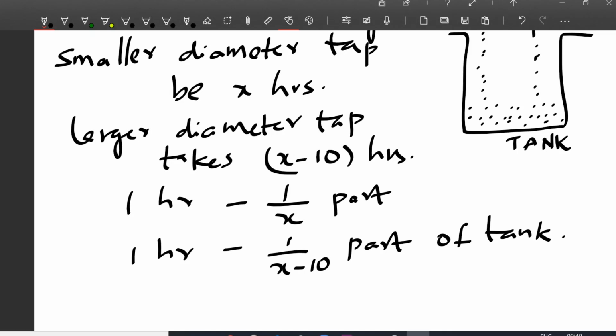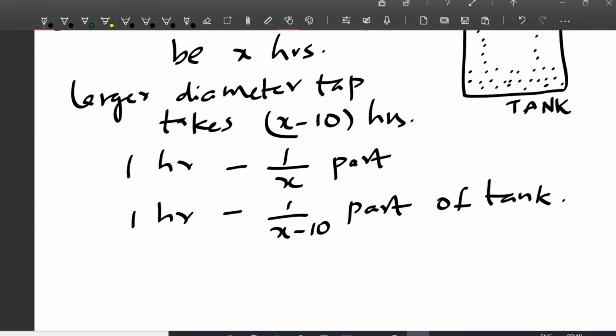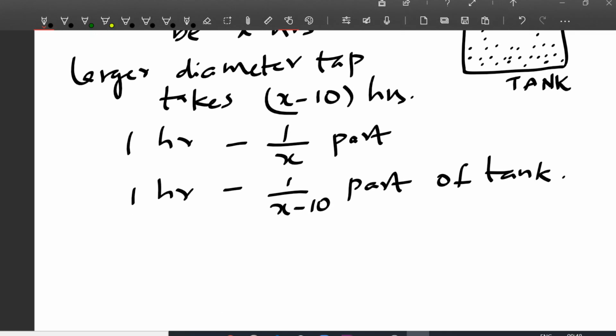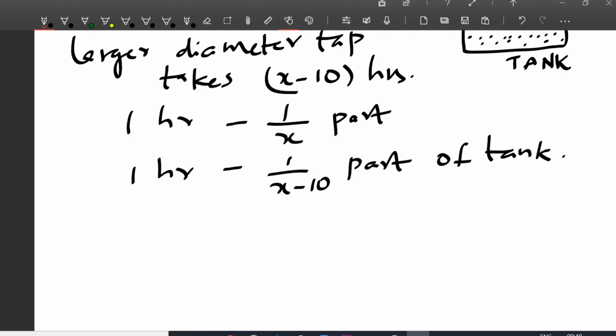Now since he is saying that when both the taps are being opened, it is taking 9 3/8 hours, so we'll take when both the taps are opened in 1 hour, this much part of the tank is being filled.